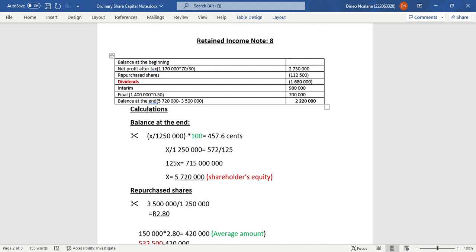It's 2,220,000 plus the total for the dividends, since we are reversing, plus 1,680,000, plus 112,500, then minus 2,730,000, which is our net profit. That leaves us with 1,282,500. Then that is your retained income, which is note number 8.